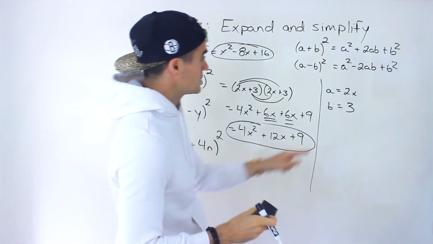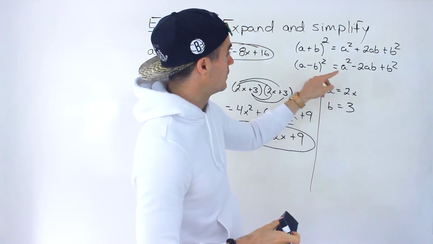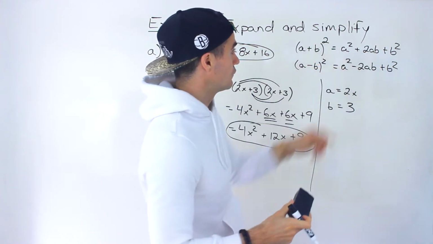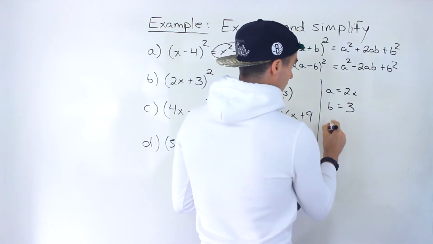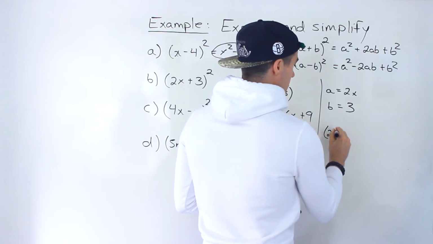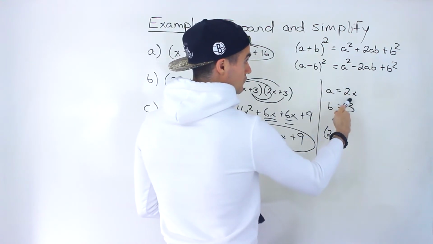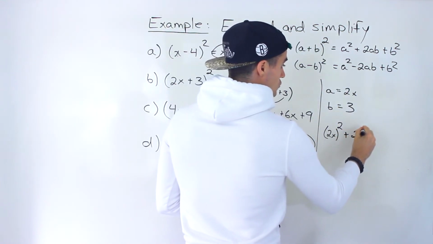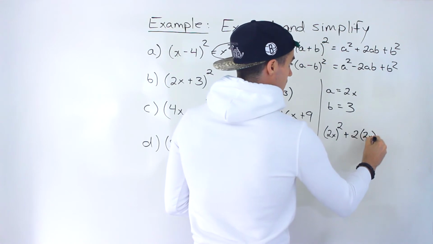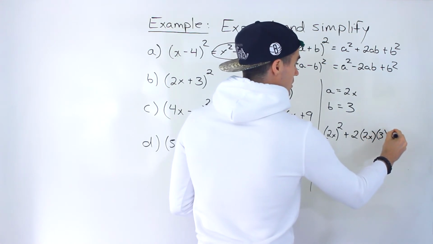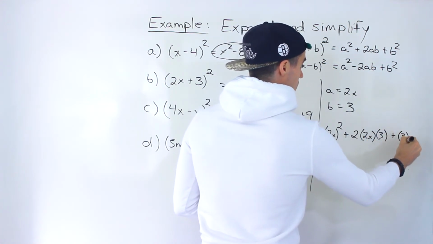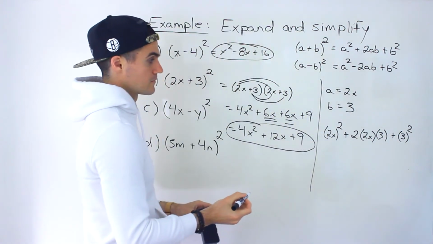And so now we just have to plug in this 2x and 3 for the a and b respectively in the formula. So we have a squared. Now you got to be careful. You got to put the 2x in brackets like that. You're squaring that whole a value, plus 2 times the a value, which is 2x, times the b value, which is 3, plus b, which is 3 squared, like that.